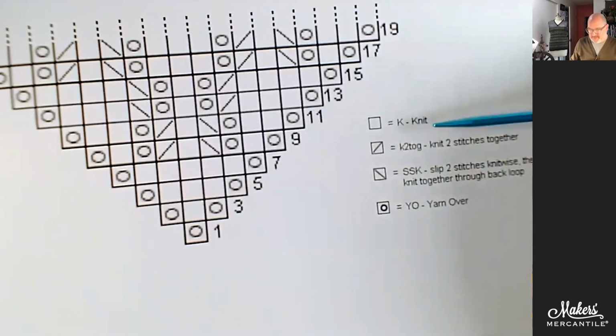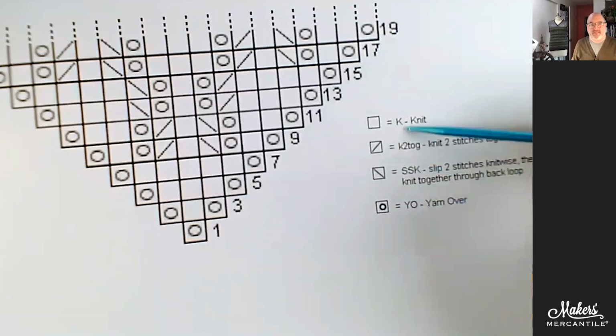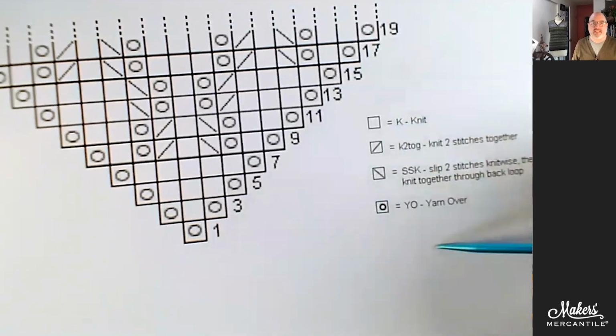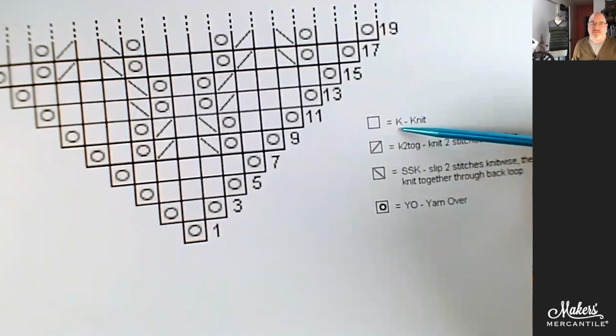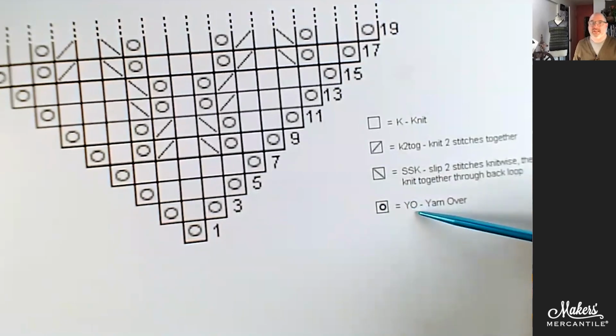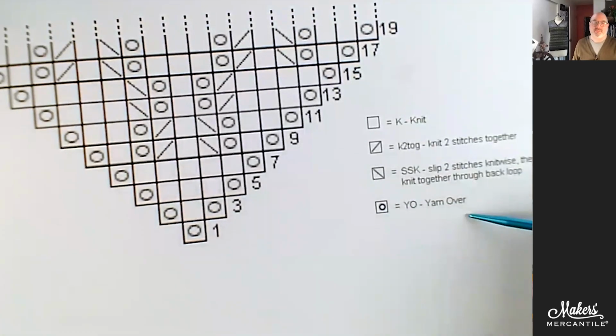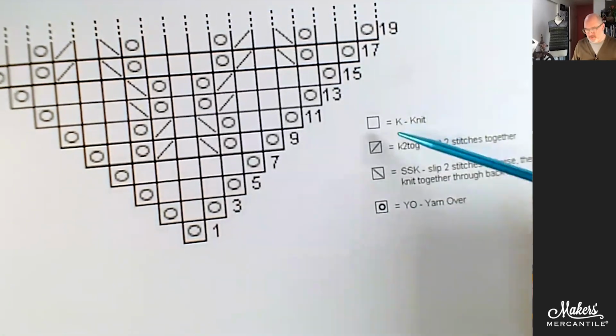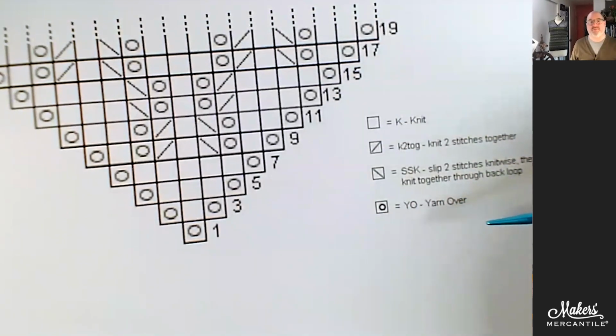So another thing to just note about this one is this key has symbols, K, and then it says what the K means. Knit. SSK is slip 2 stitches knitwise, then knit them together through the back loop. That's how you SSK. A YO is a yarn over. So this one has the description of what the term means as well.